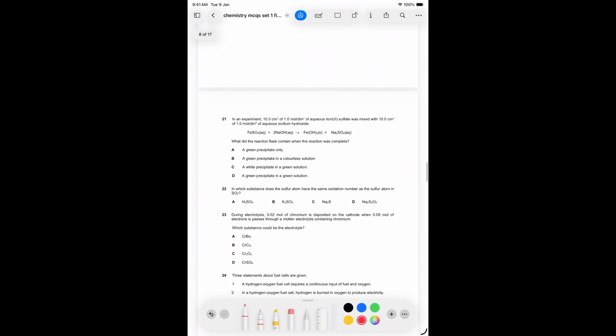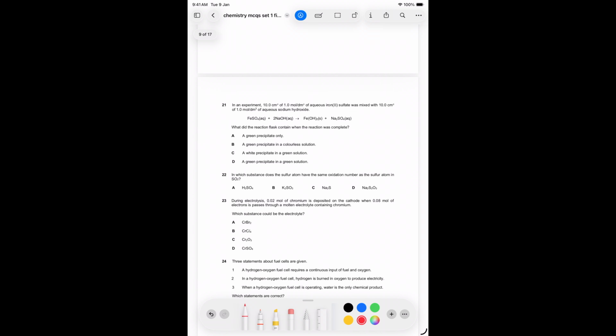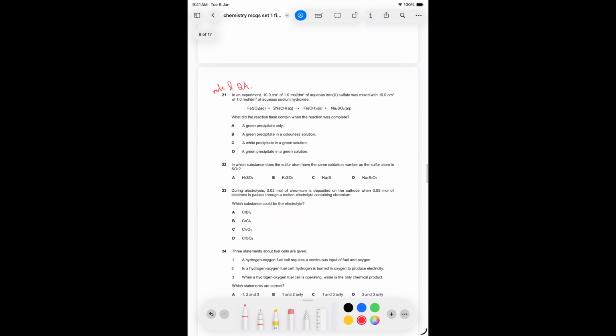Question 21. This one I think is a mole and QA question. First thing first, 10 cm³ and 1 mole per dm³ of iron 2 sulfate. So there's 10 cm³ and the concentration is 1 mole per dm³.